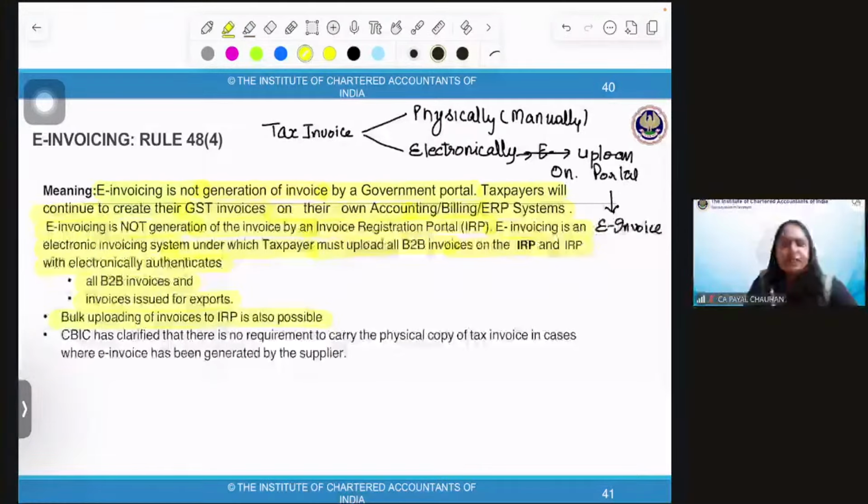It is your wish: you can update one invoice at a time, or you can have bulk reporting of invoices on the portal. CBIC has clarified that there is no requirement to carry the physical copy of the tax invoice in cases where an e-invoice has been generated by the supplier.